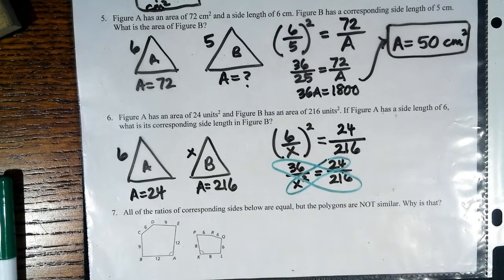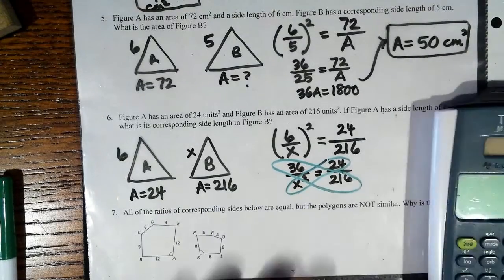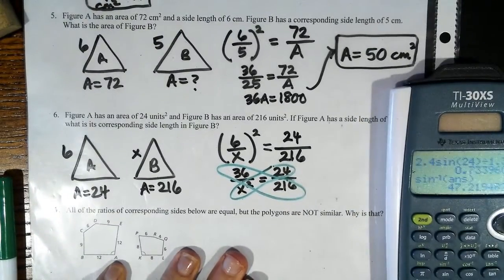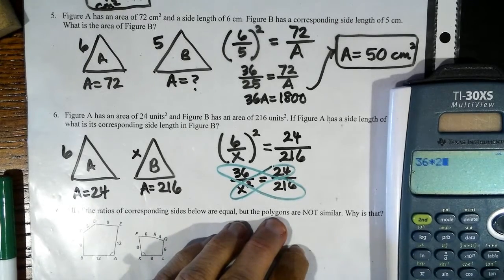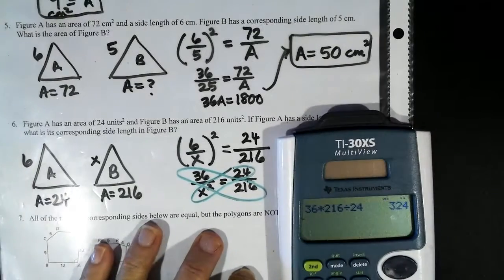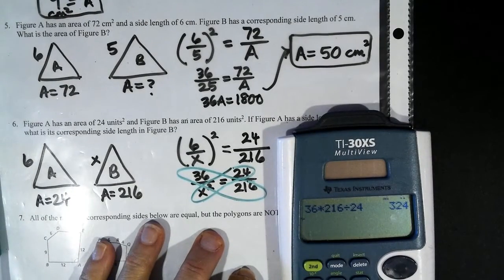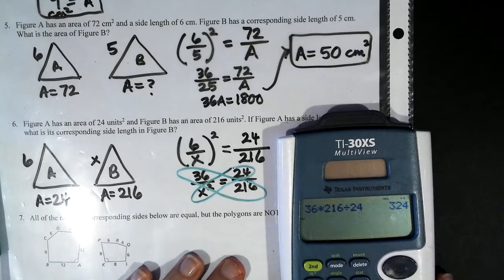Grab our handy dandy calculator and do it the hard way, where I do 36 times 216, and then divide by 24. And so I get an answer of 324. That doesn't sound right. Oh, I know, because that's x squared.